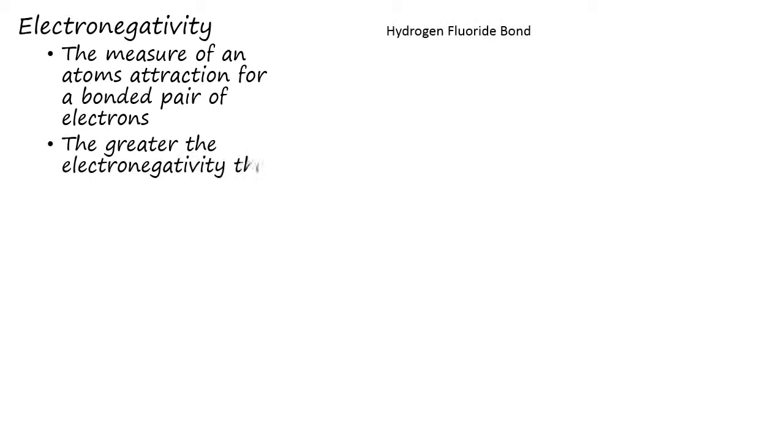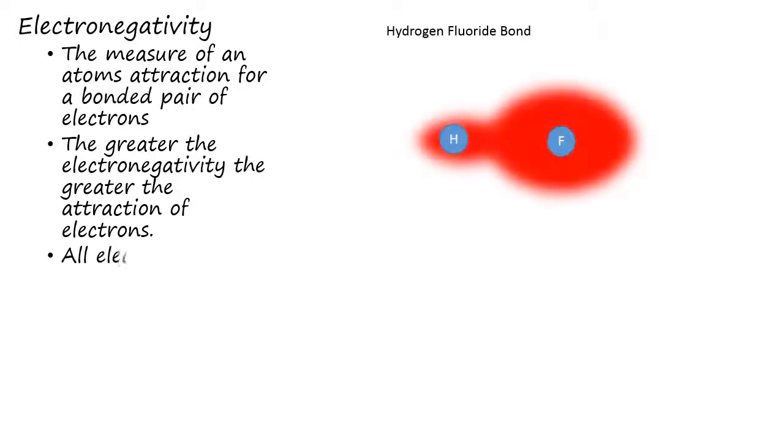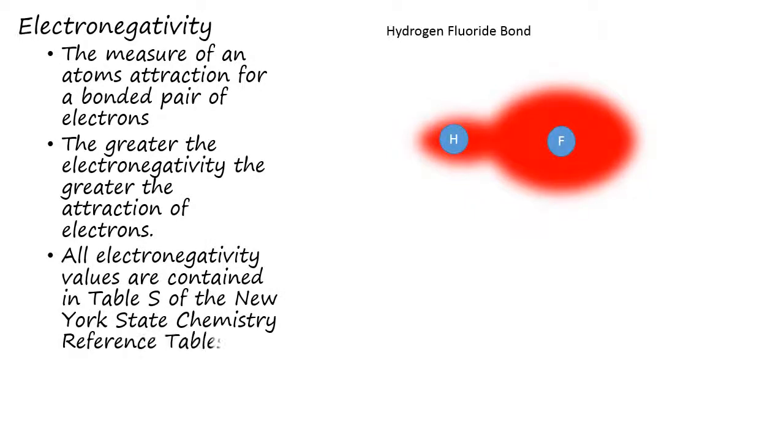And so if we look at a hydrogen fluoride bond, we'll find that the greater the electronegativity, the greater the attraction for electrons. So when evaluating a bond between hydrogen and fluorine, we'll find that the electrons will exist on fluorine more than they will around the hydrogen atom.